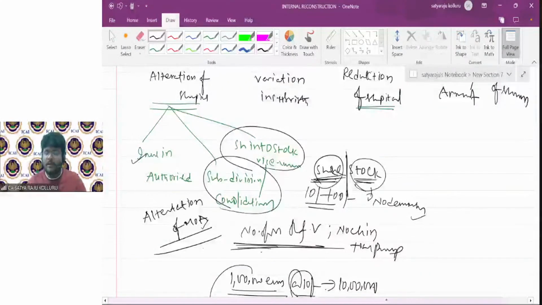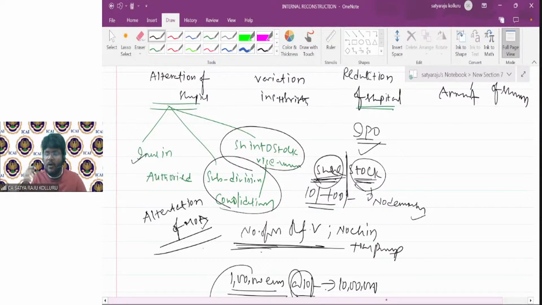And one more thing, as per the Companies Act 2013, a company may not issue stock directly to the public. As per the Companies Act 2013, in the IPOs, initial public offers, no company is eligible to issue stock directly to the public.